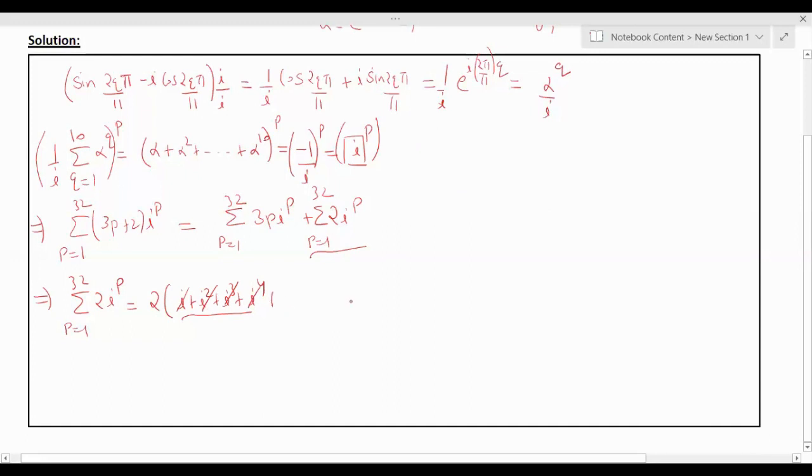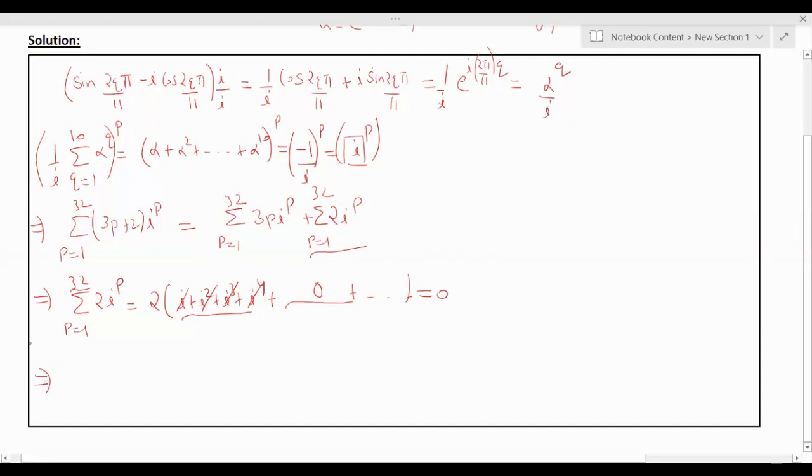As we know the repetitive behavior of I, the next four terms also will be 0. You can see that it is going till the power of 32, so all the terms are going to get converted to 0. So actually this term, 2 times the summation of I to the power p, has value equal to 0.